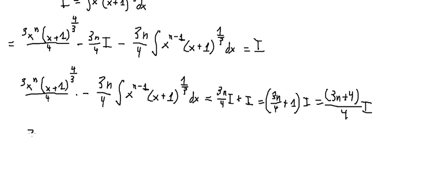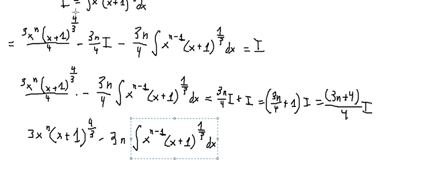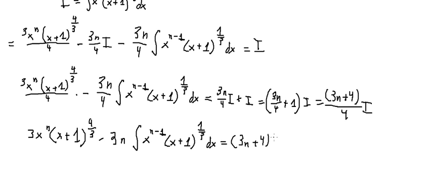We cancel. Next, we divide both sides by 3n plus 4. And we have the final answer.